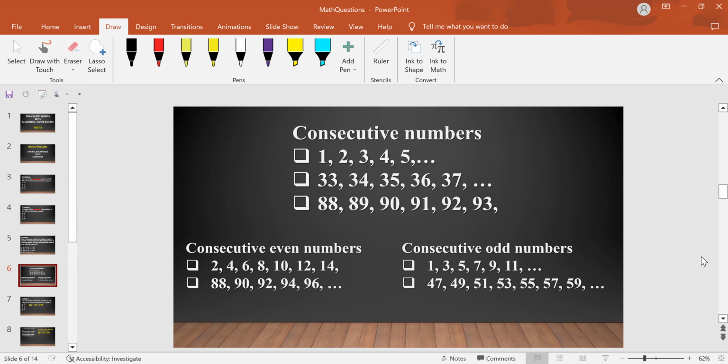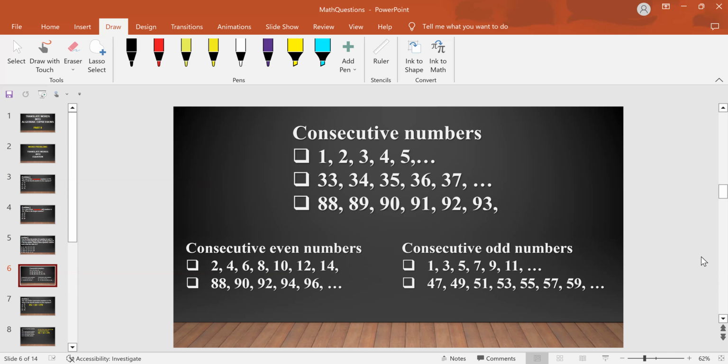So these are consecutive numbers, or like 33, 34, 35, 36, 37, 38, or 88, 89, 90, 91. So these are consecutive numbers. If you have a number, you add 1 to that number, you get the next number. You add 1 to the next number, you get the following number, and so on.